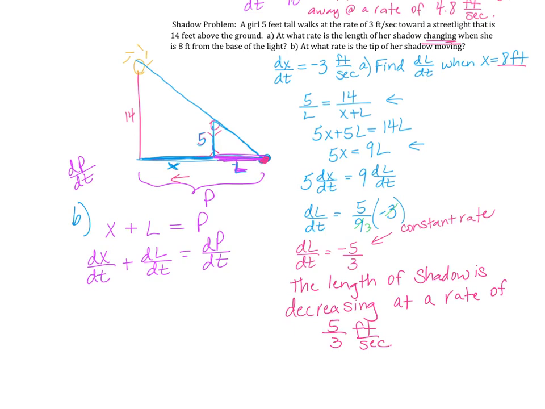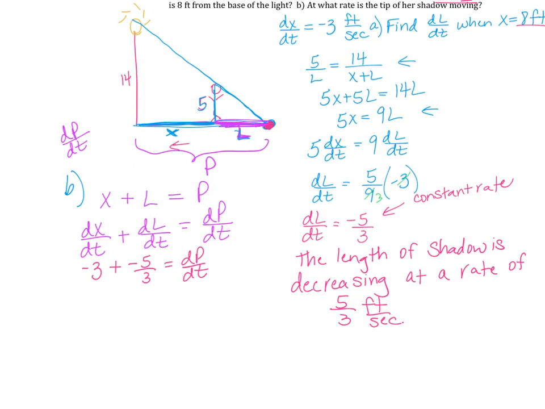Well, you know dx/dt is negative 3. You know dL/dt because you just figured that out, and you have to put it as a negative. And so you end up getting that dP/dt is negative 14 over 3.